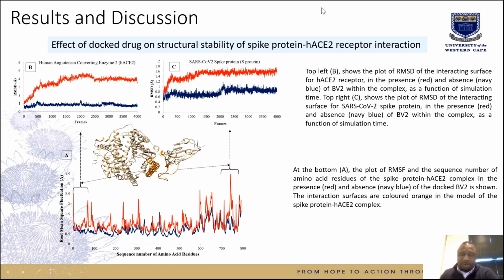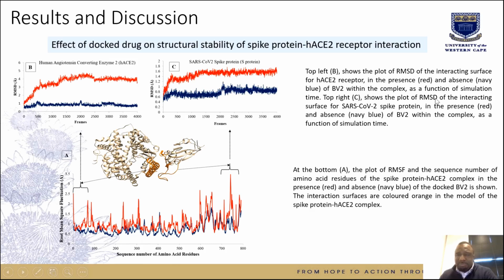So the top plot here shows the RMSD of the interacting surface for HACE2 in the presence and the absence of the DUCT drug, which is BV2. The presence is the red one, and in the absence of the drug, you can see that.